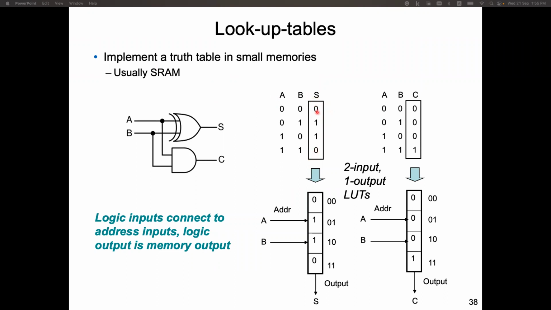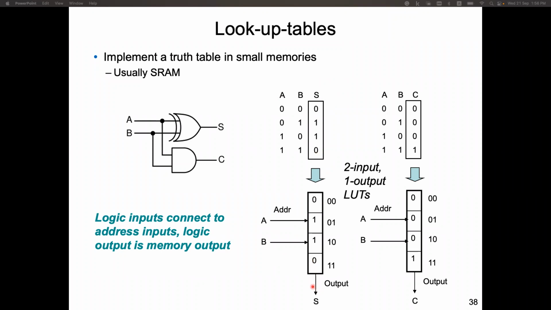Each location is 1 bit. So this is a truth table. We have a small memory with 4 locations. The first location stores 0, the second is 1, the third one is 1, and the last one is 0. So this is the sum output.